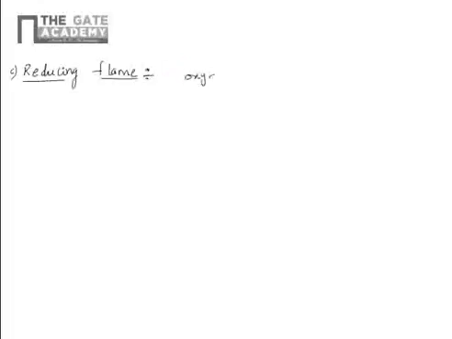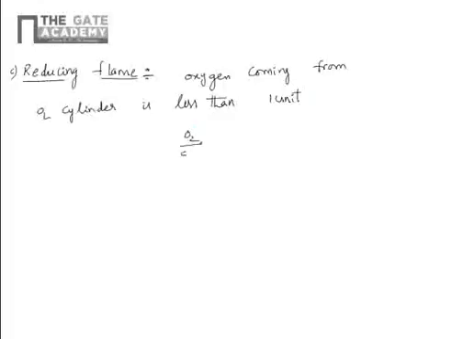The oxygen coming from the oxygen cylinder is less than 1 unit. For every 1 unit of acetylene we are sending less than 1 unit of oxygen from the cylinder, so the oxygen by acetylene ratio coming from the cylinder is less than 1.